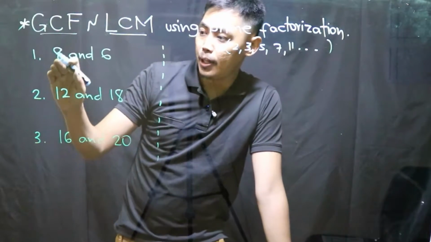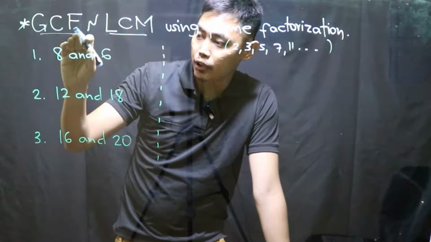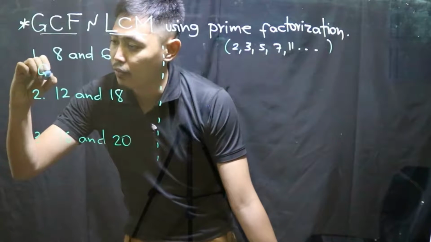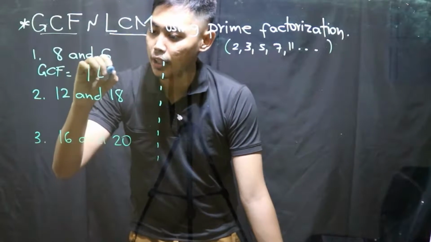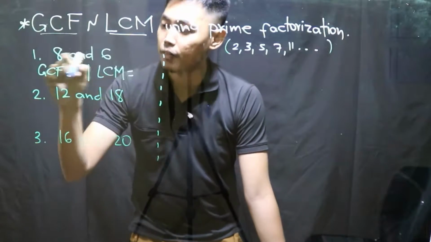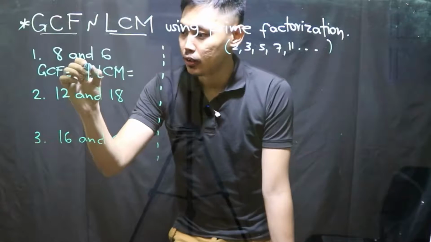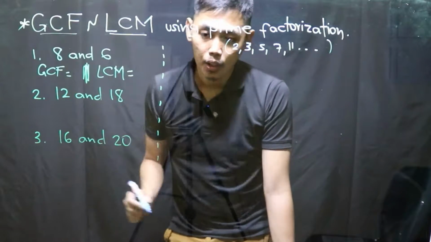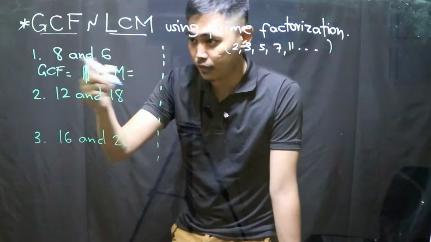So, for example number 1, we will need to find the greatest common factor, GCF of 8 and 6, and we will also need to find the least common multiple of 8 and 6. So, how do we do that? We can do that by getting the prime factorization of the two numbers.